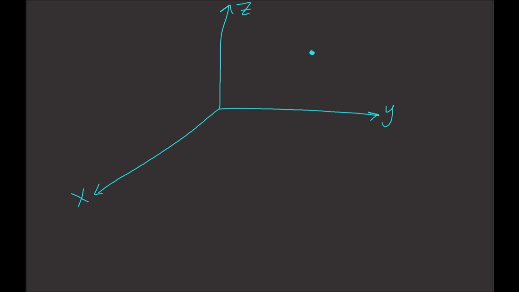Remember, we're doing the hydrogen atom. If our electron is here, we can drop a line to the xy plane, and this is going to be something like that.